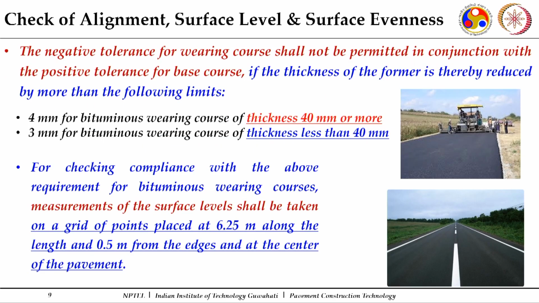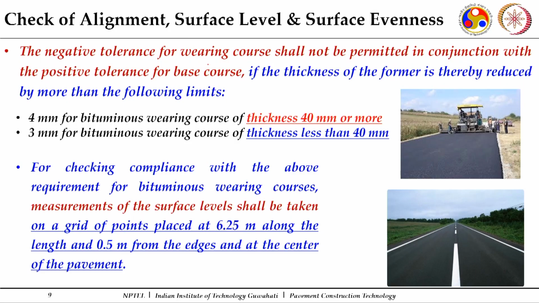Now in addition, there may be tolerances for edges and also for surface levels, and it should not happen that the tolerance is going in one direction. That doesn't mean a tolerance, that means a fault is happening. So it says that the negative tolerance for wearing course shall not be permitted in conjunction with the positive tolerance for the base course. As I mentioned in the previous lecture, if two layers are there, this is your base course, and on the top you have the wearing course.